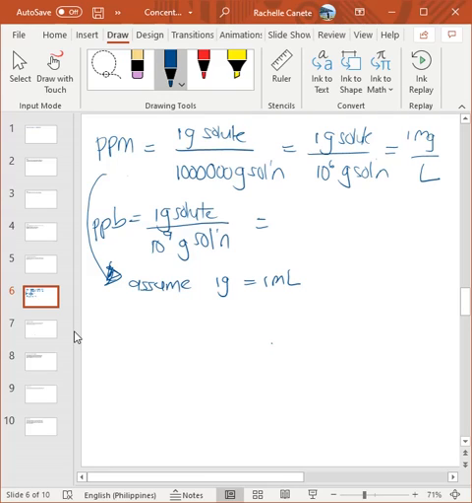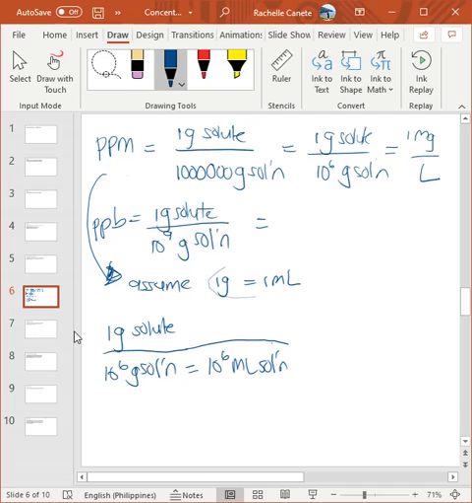Of water. So, if we assume that 1 gram is equal to 1 ml, that means 1 gram of solute for every 10 to the 6 grams of solution. So, if 10 to the 6 grams of solution, it's like saying 10 to the 6 ml of solution.